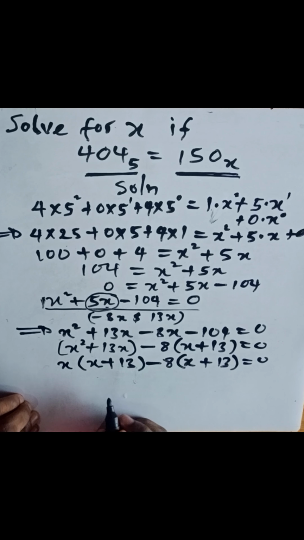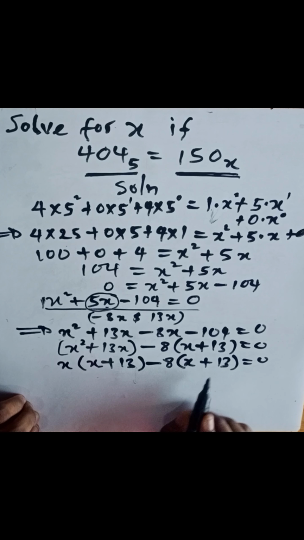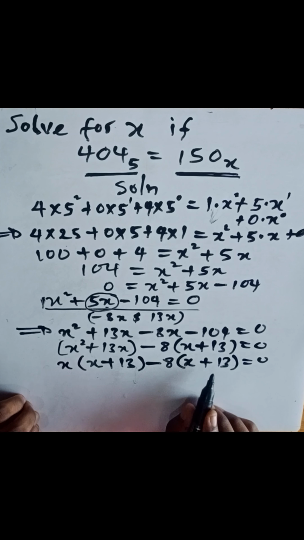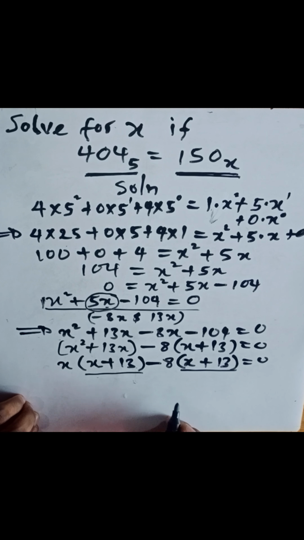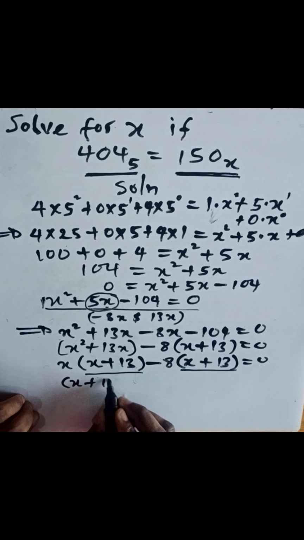What does this mean? It means that we have two terms right now, but out of 2 terms we still have a particular factor common between both of them. This is the common factor. If you take it out, you have x plus 13.